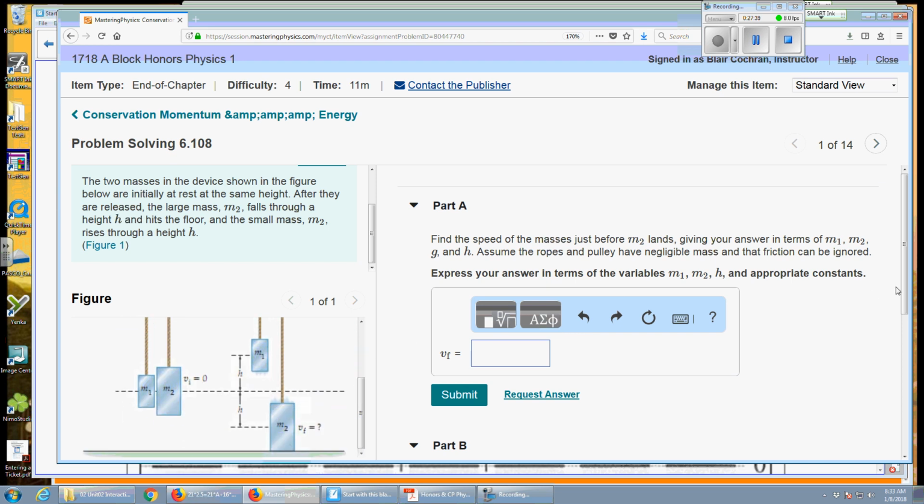All right, so we've got the two masses initially at rest at the same height. After they release, the large mass falls through a height of h and hits the floor, and the small mass rises through a height of h. Find the two masses just before M2 lands.